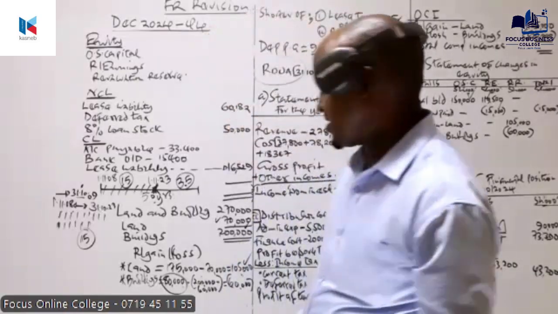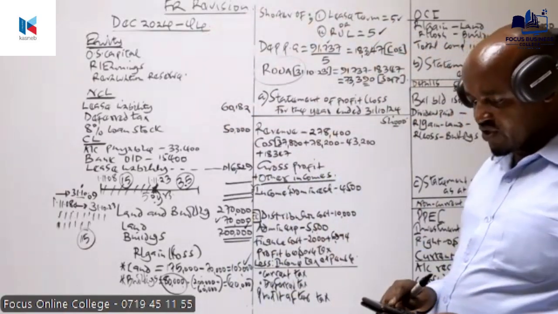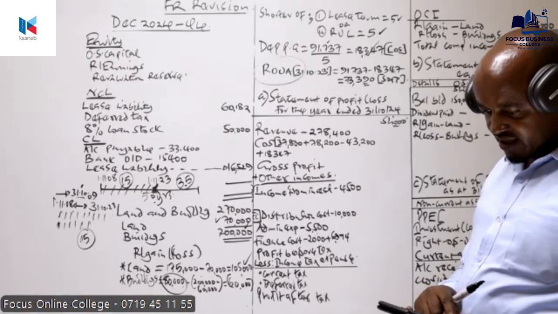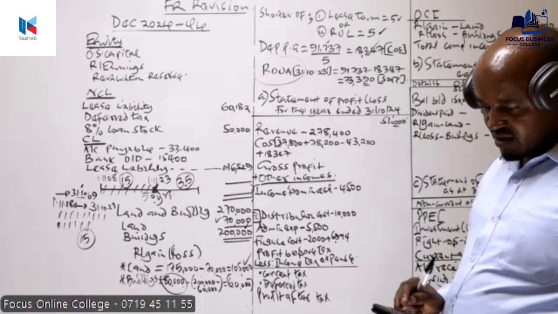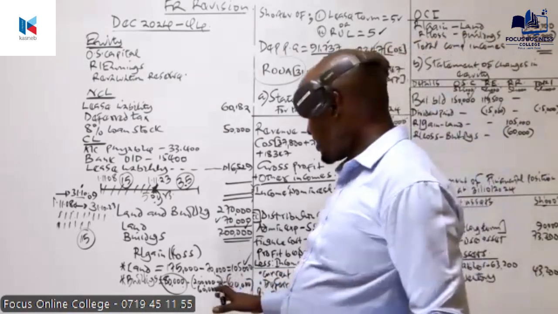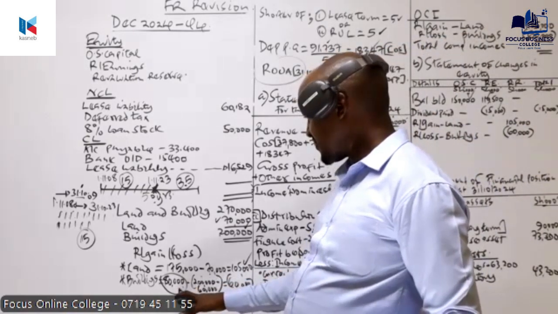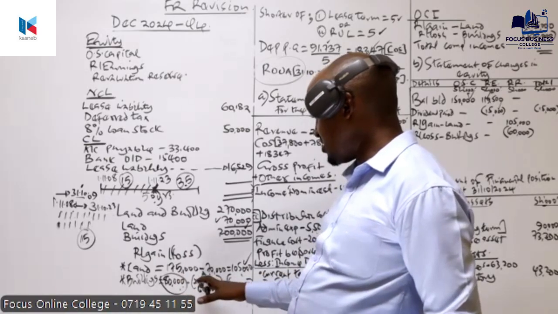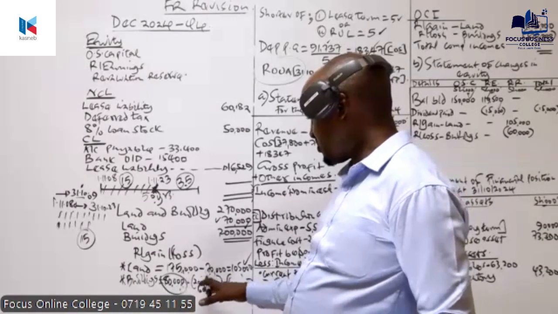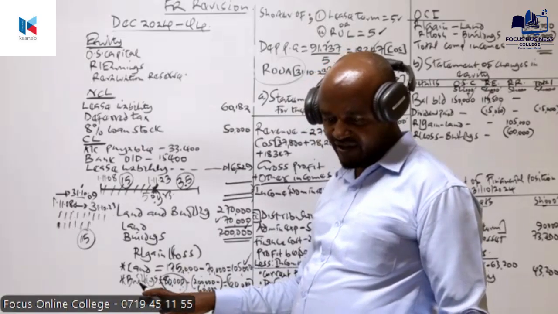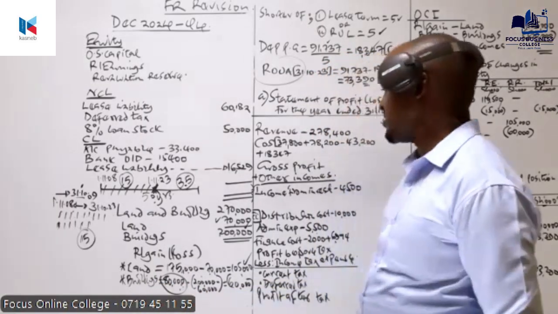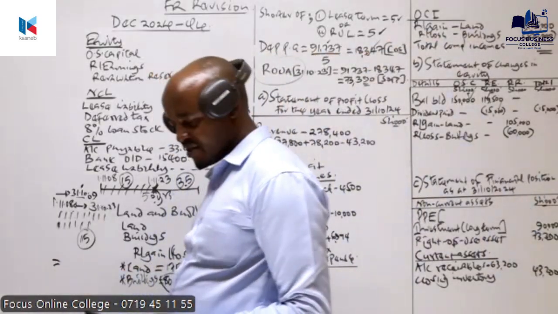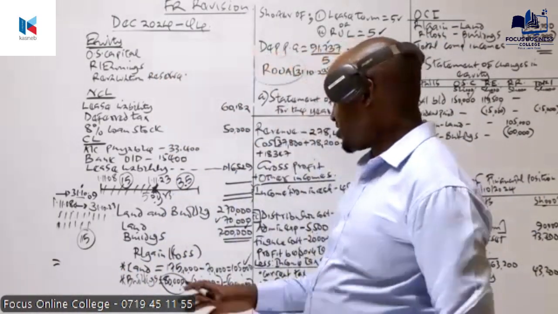But this is a question from the past paper, and whoever was setting this question, I think interchanged those particular values, but no problem. We work with the values the way they are given.